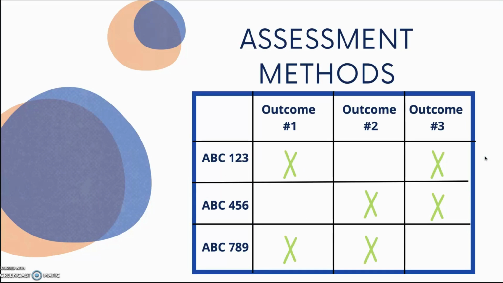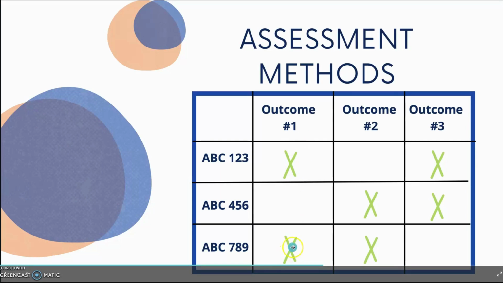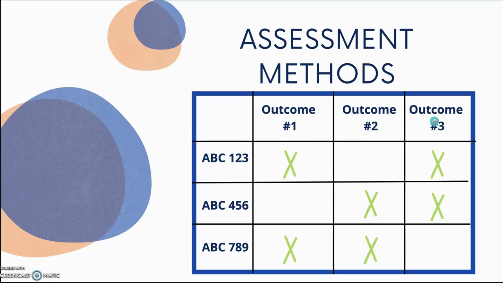For example, if this is your curriculum map and you want to assess Outcome 1, you will use an assessment method in either class ABC 123 or ABC 789. Whereas if you wanted to assess Outcome 3, you will use an assessment in ABC 123 or ABC 456.